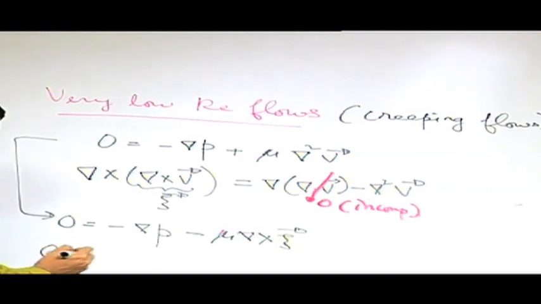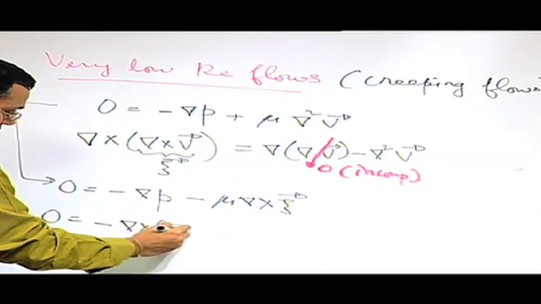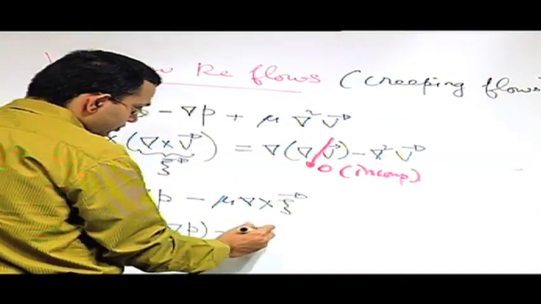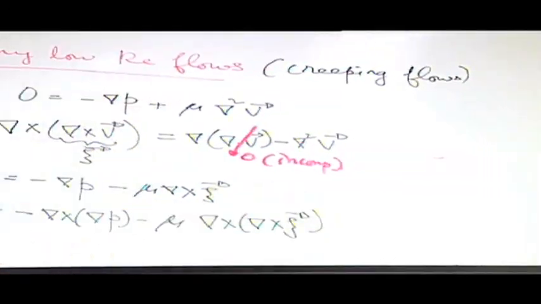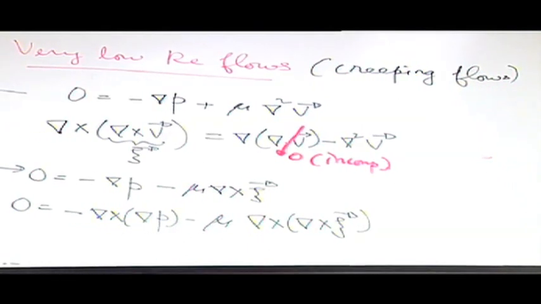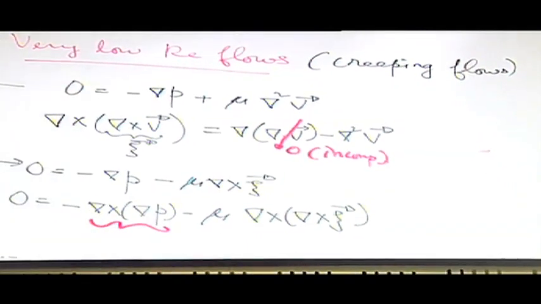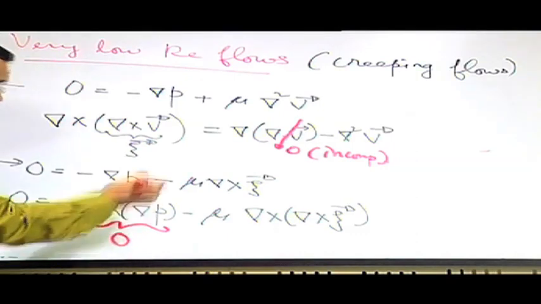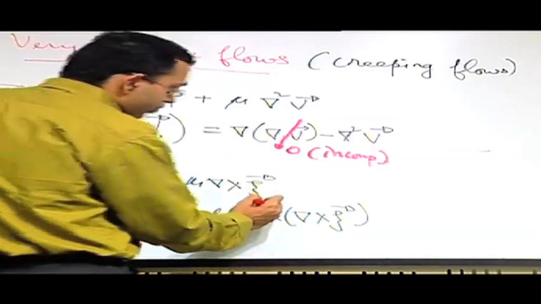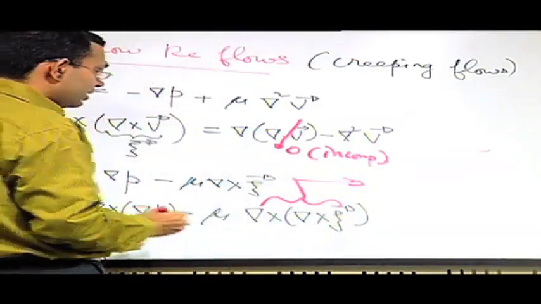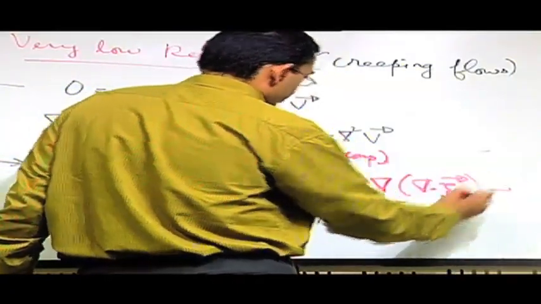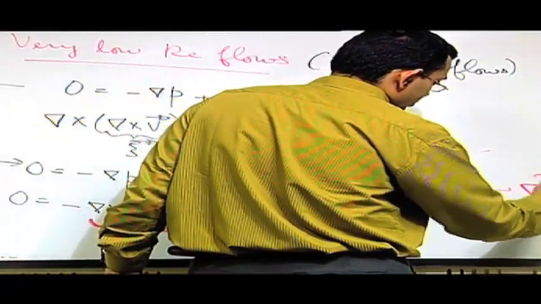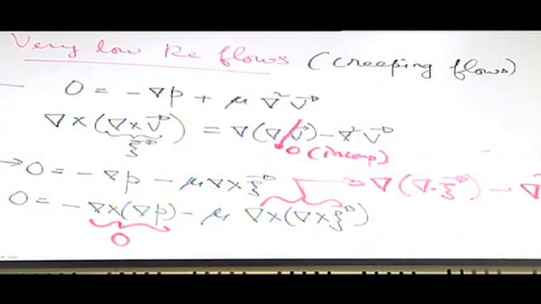So 0 is equal to... Clearly, what is this? Curl of gradient of a scalar is 0. So by vector identity this is 0, and this again we may write in the form of this identity. So we will write... Now what is this one?